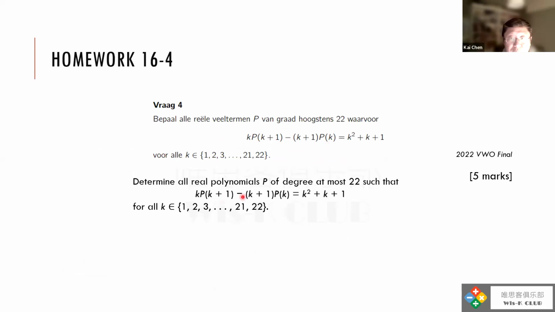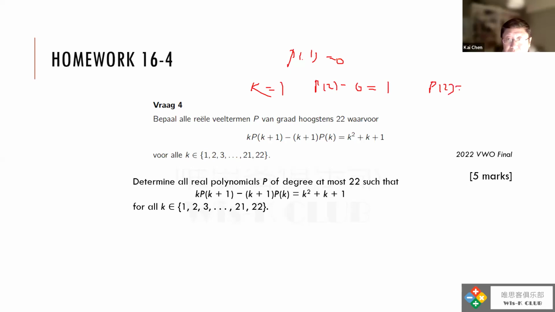Would it be possible or not? I would say if P1 is 0, what happened here? And this k is 1, so that's P2 minus 0 is 1. So P2 is 1. And then we got P2.